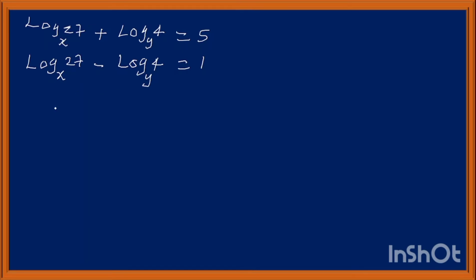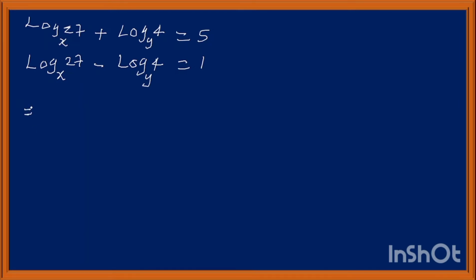Let's solve this. Before I go into identifying which of them is equation 1 and which is equation 2, I need to change these logarithms. I need to change the equation from its logarithmic form to its index form so that it will be easier for me to solve. So what do I mean by that?